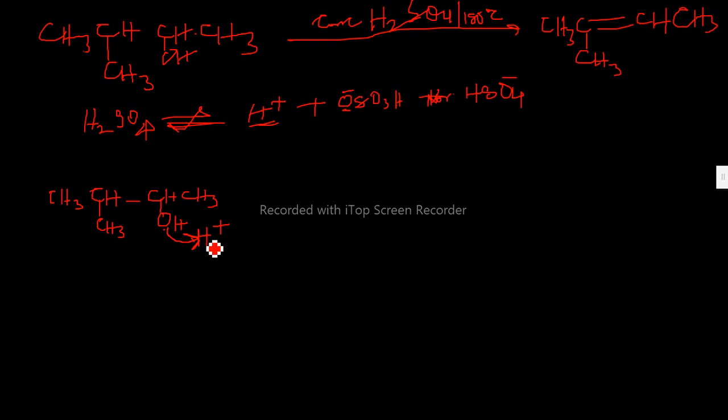When you do that, we form our protonated alcohol: CH3, CH, CH3, CH, CH3 and a protonated alcohol. Because oxygen shared its lone pair, it now has a positive charge. Now this is our protonated alcohol.